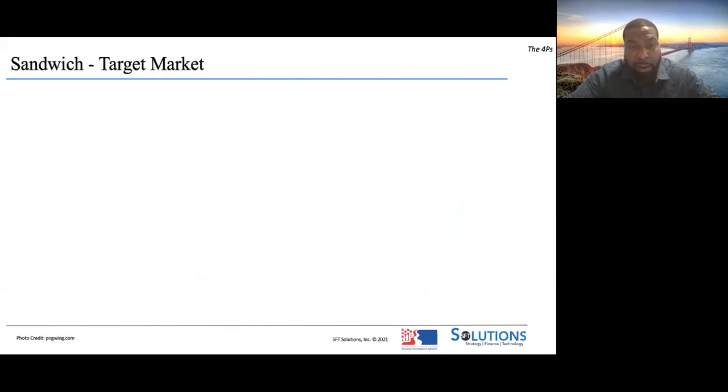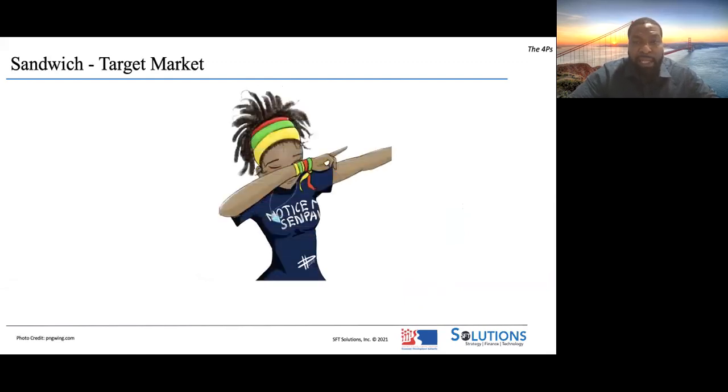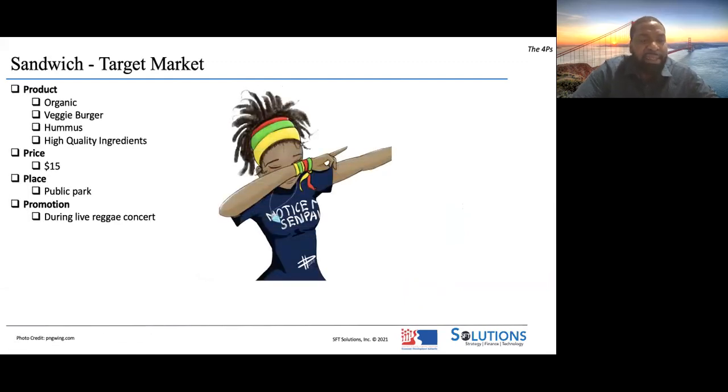So here's an example, right? If we were selling sandwiches to someone in the Virgin Islands, a young lady with locks, this is how I would think about the 4 Ps. We would want an organic veggie burger topped with hummus using high quality ingredients, right? I would probably place this promotion in a public park during a reggae concert.